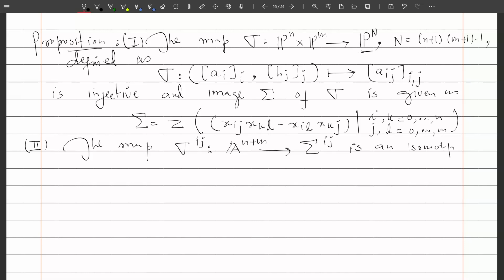So recall that an isomorphism is a morphism which is bijective, and there must exist some other morphism from this set to this set, such that when we compose these two morphisms, we get the identity morphism.